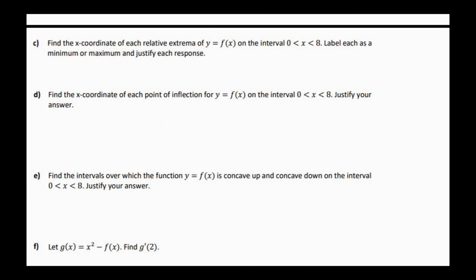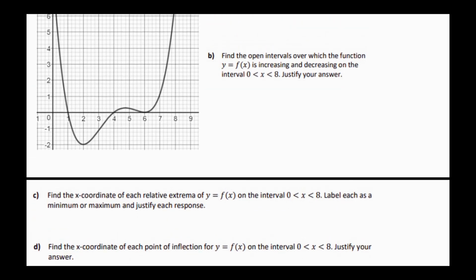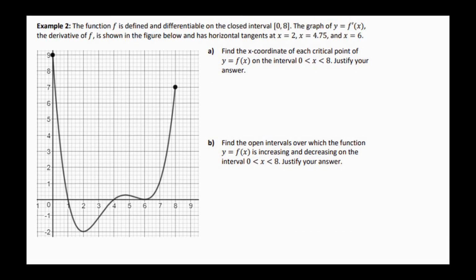Okay. Points of inflection. I wrote down that points of inflection are when the slope changes from positive to negative or vice versa. Okay, so at the start, it's negative, right? The slope is negative. But then it changes right here at 2, right?